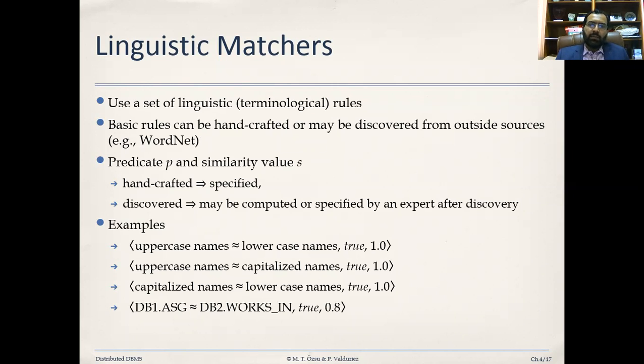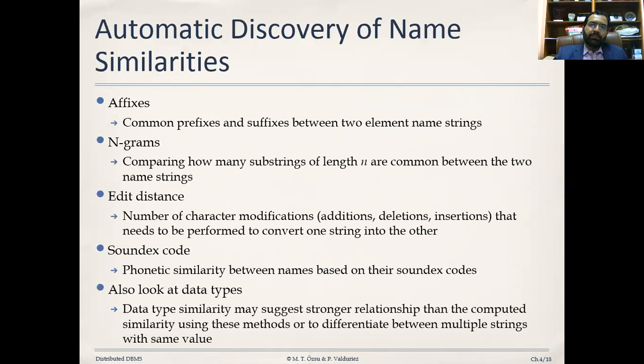In one schema, the same thing is represented with works in, and in another schema with assignment. But when you match them, you find out the 80% values are similar, which means they are representing the same thing. So that is how these linguistic match approaches work.